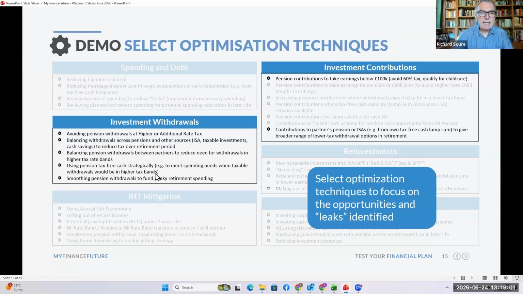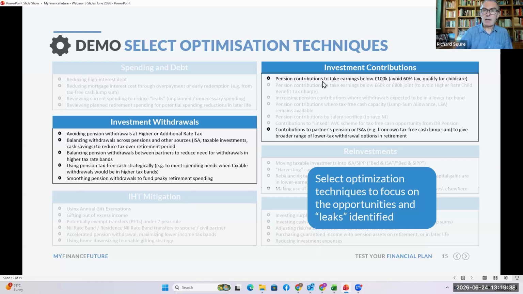So we'll be looking at mainly investment withdrawals and contribution techniques around avoiding higher rate and additional rate tax on pension withdrawals, balancing withdrawals across pensions and other sources to optimize the tax, balancing the withdrawals between partners and the pension balances between partners to create a more tax-efficient withdrawal strategy, using pension tax-free cash in a strategic way to set up that scenario, and finding ways to smooth pension withdrawals.